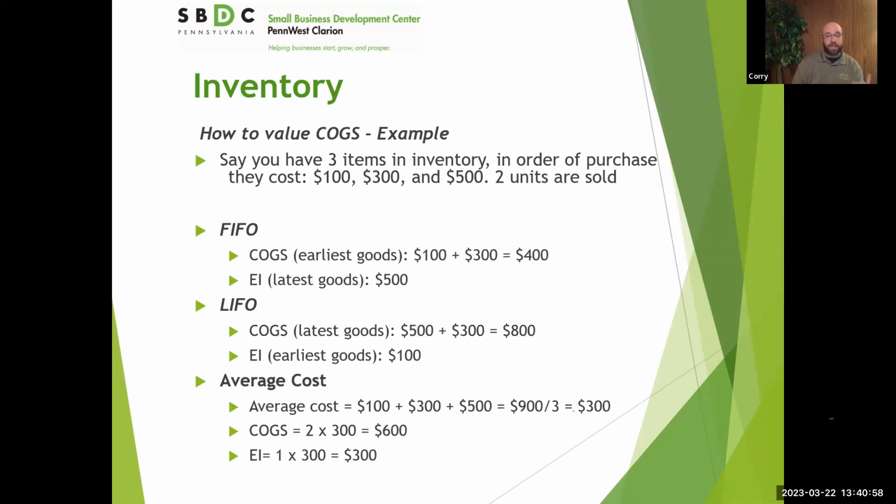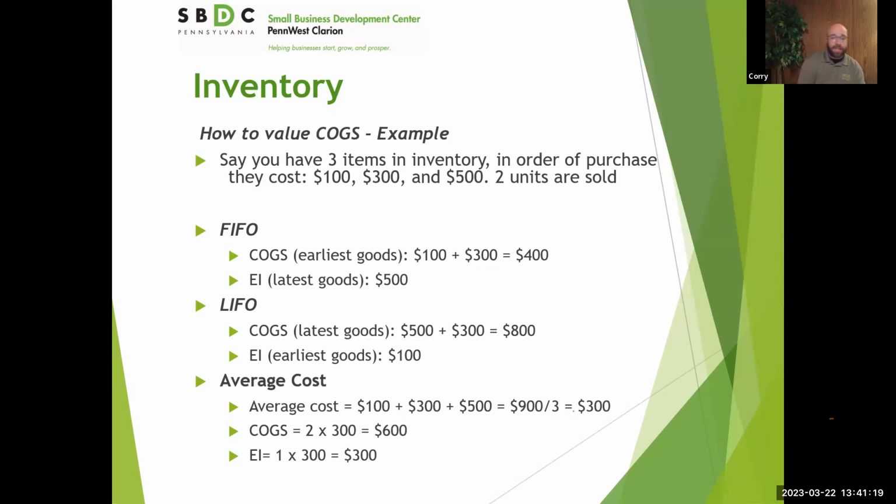So what it does is the average cost. It takes all of your inventory purchases over time and it averages them all out. And whatever that average works out to be for that particular piece of inventory, that becomes the average cost that gets expensed on your financial statements.